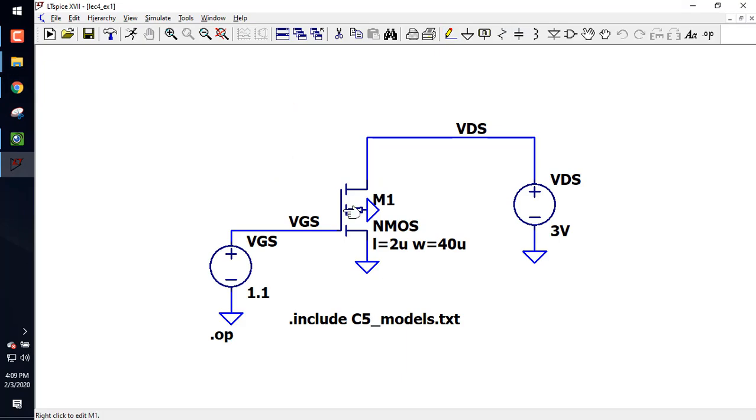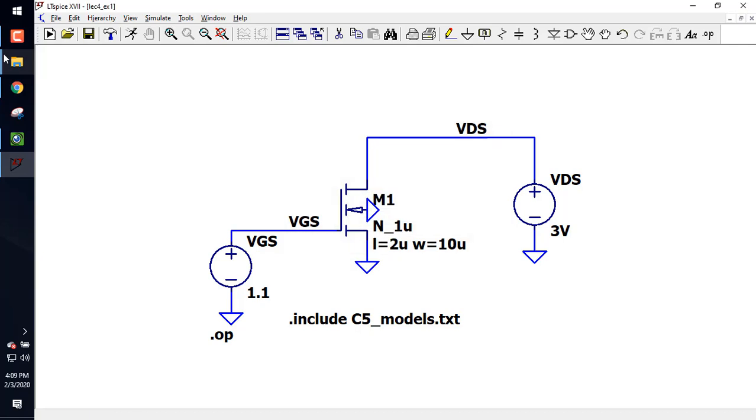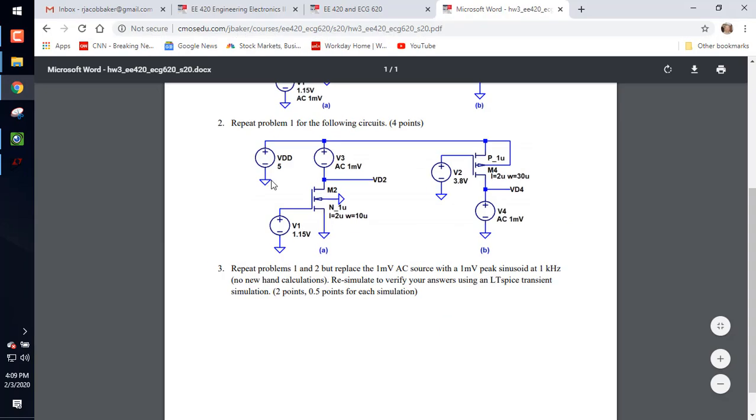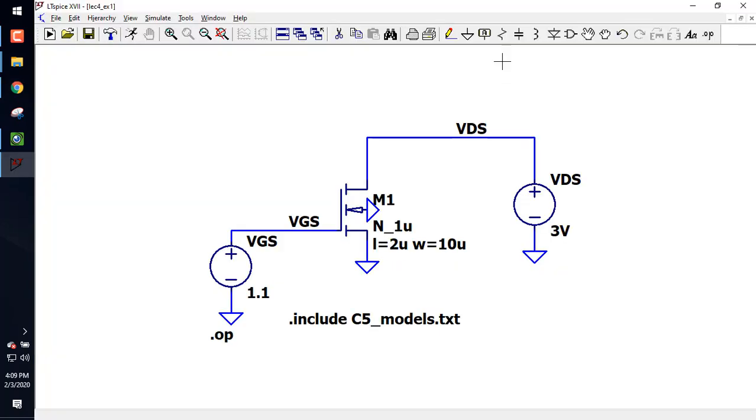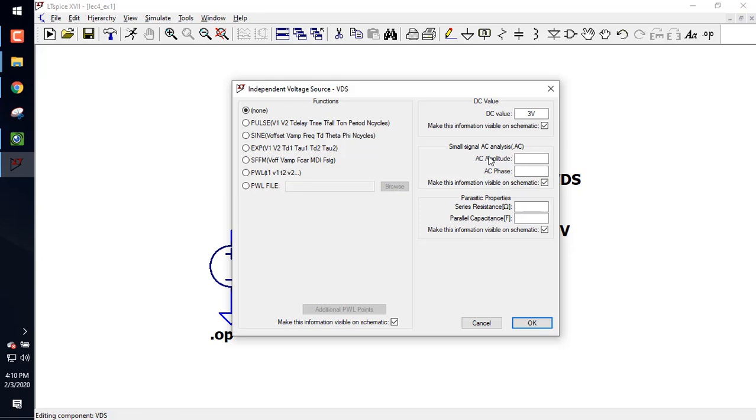All right, let's rename this model to N_1U. And then the width was 10. And that's what it was in the homework too, right? Okay, and then this was 5 volts. I'll change that.